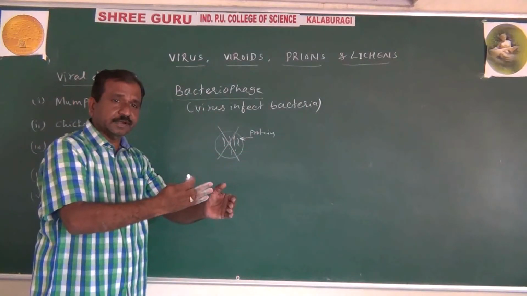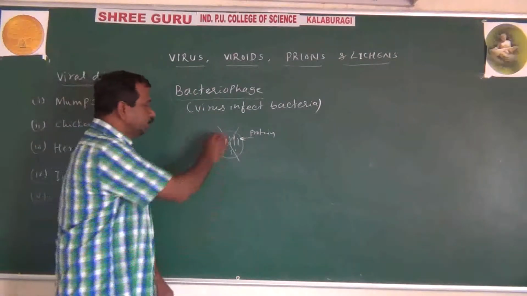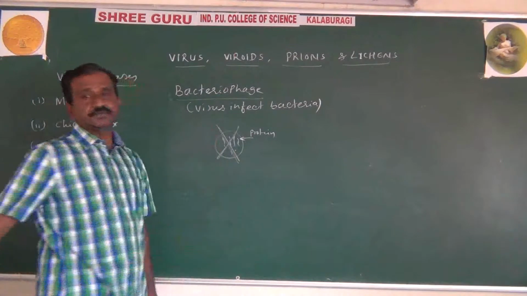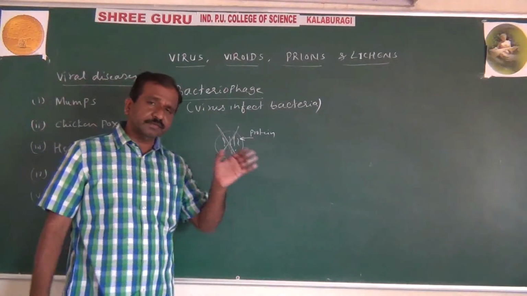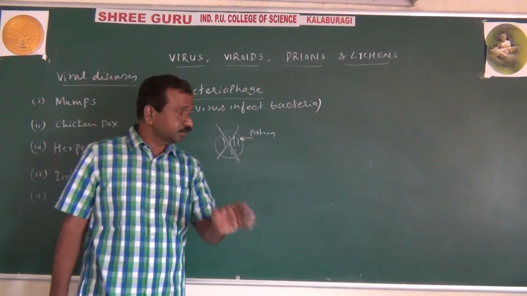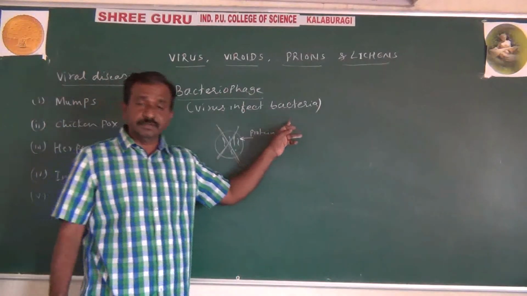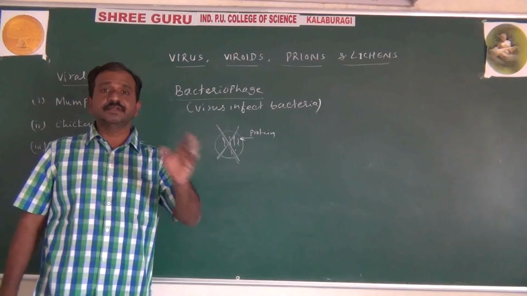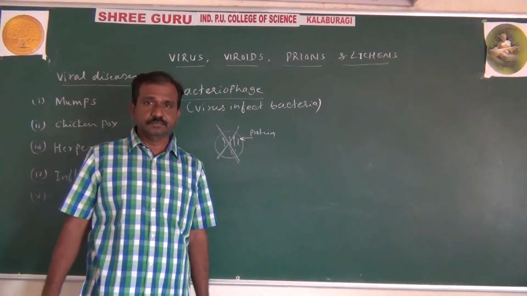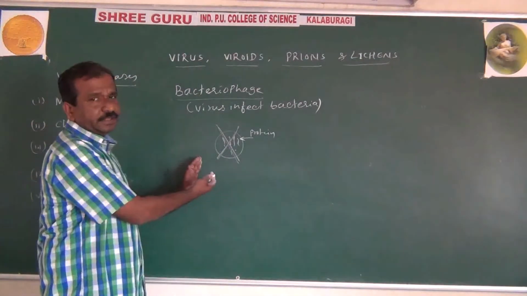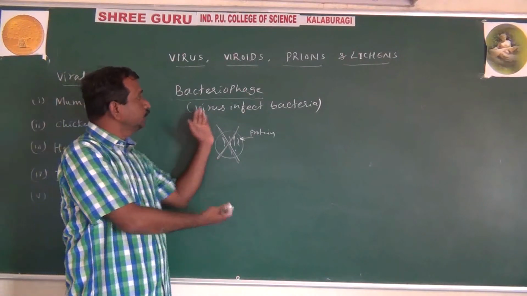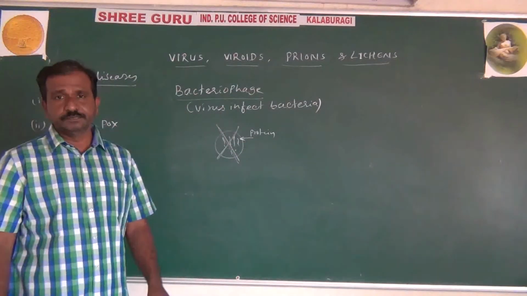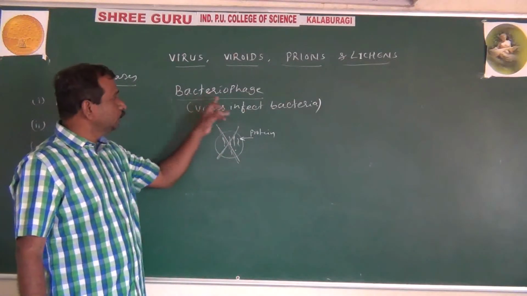Once the replication starts, killing of the cell takes place, that is, death of the cell. This is what virus infecting bacteria means: the bacteria do not get fever or other diseases, because death of the cell takes place. That is why we say bacteriophage.